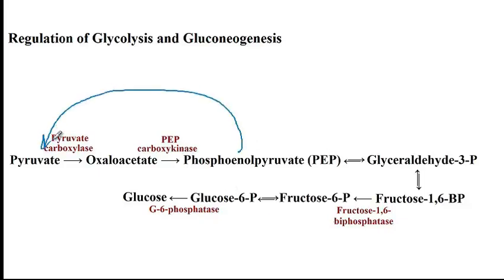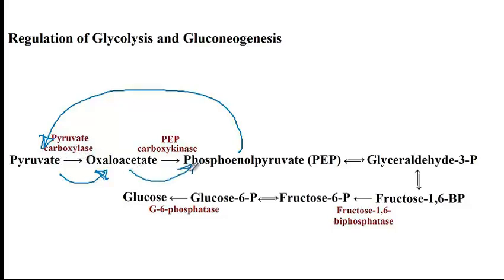phosphoenolpyruvate could be directly converted to pyruvate. In order for the reverse reaction to occur, pyruvate has to be converted into oxaloacetate, which is one of the intermediate products of the citric acid cycle. This reaction is carried out by the pyruvate carboxylase enzyme.